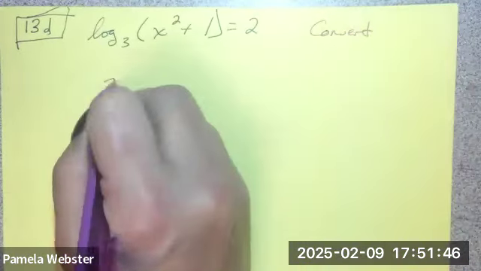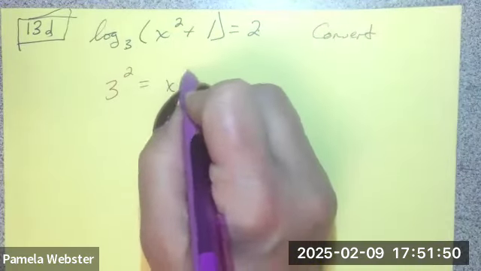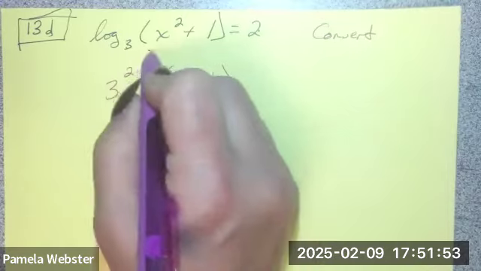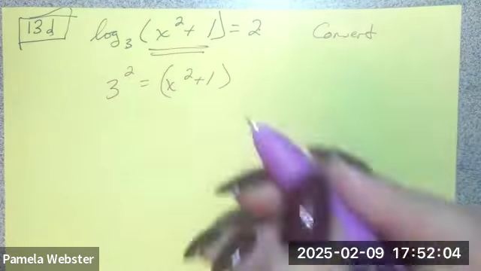Make it into an exponential. 3 squared, base to the exponent, equals the answer. Remember, all of this is my answer. X squared plus 1. Hey, that's kind of nice because that's just 9 equals x squared plus 1. So let me subtract a 1 off.